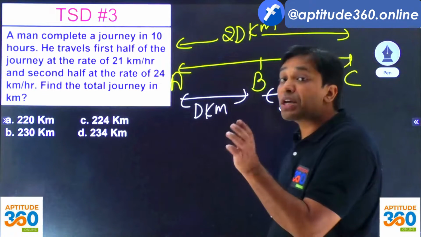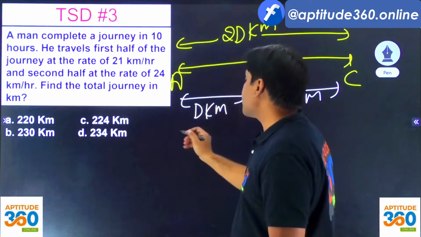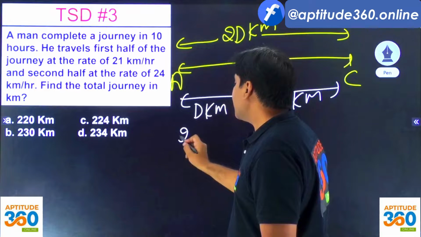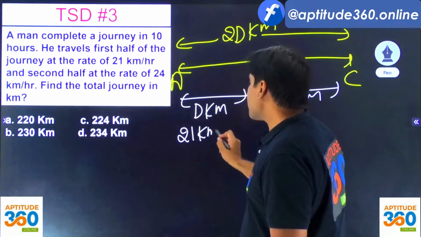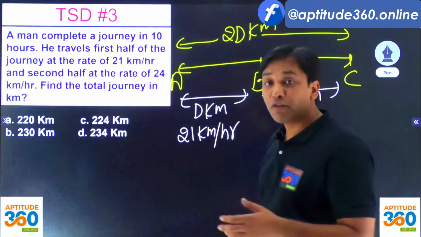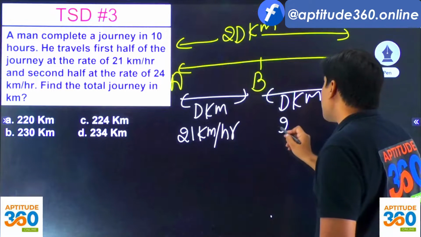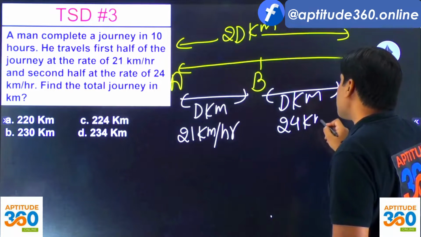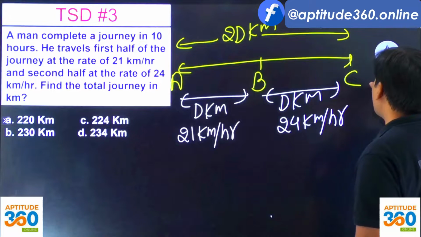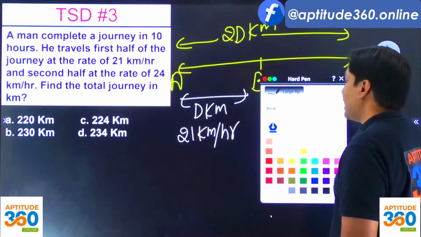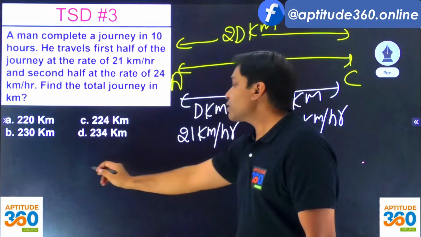So first half of the journey, which is d kilometers, और यहाँ पे speed कितना दिया? 21 kilometers per hour. And for second half of the journey, the speed is given to you as 24 kilometers per hour. Now can you find out what is going to be the travel time from A to B? It is what?